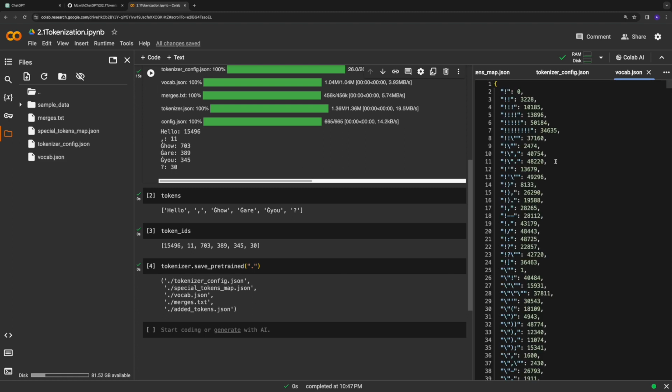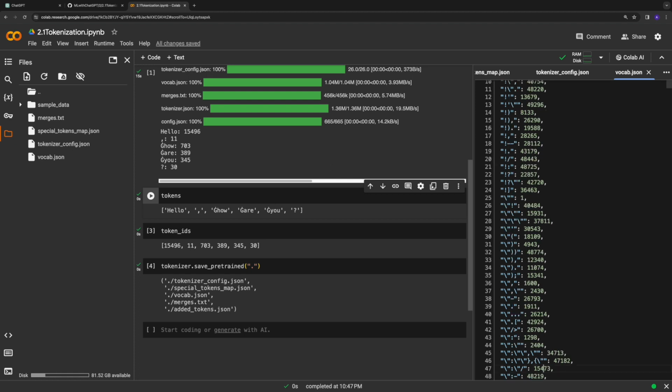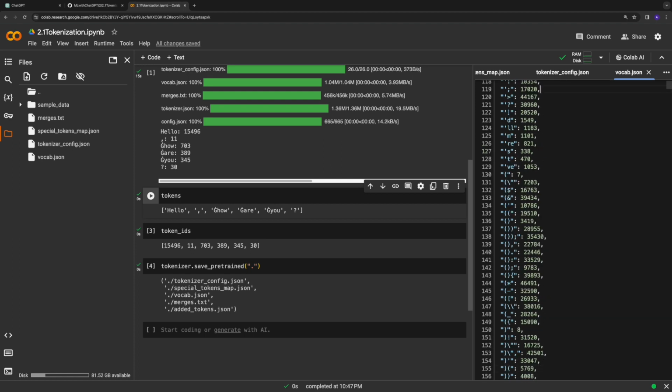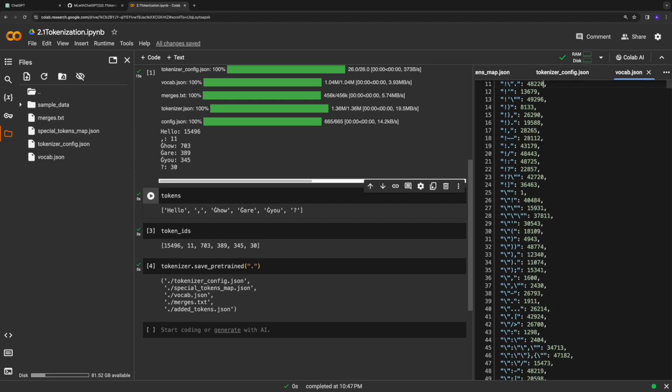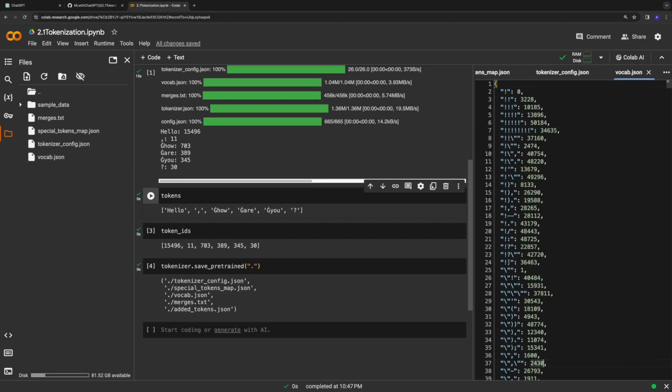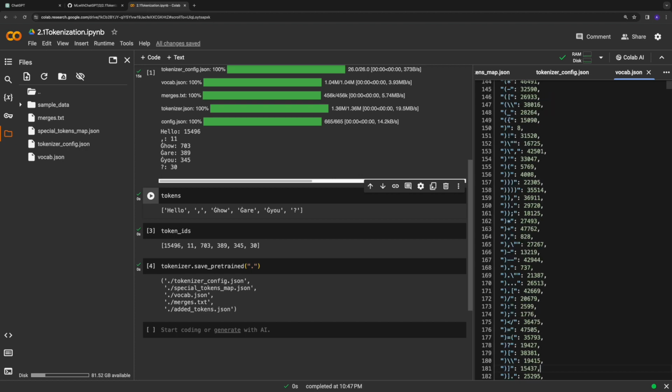And this is the vocabulary. So for each character, you map it to integers. So finally, we input some text, and after tokenization we get the integers, which can be processed further by the neural network model.